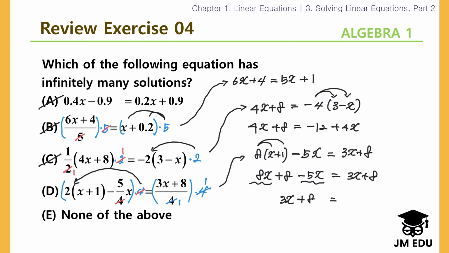On the right hand side, we have 3x plus 8. Okay, if you look at this expression right here, they're exactly the same, right? The left hand side, we have 3x. Right hand side, we have 3x. Left hand side, we have plus 8. We have plus 8 here. Since they are exactly the same, this equation has infinitely many solutions. So the answer is D.